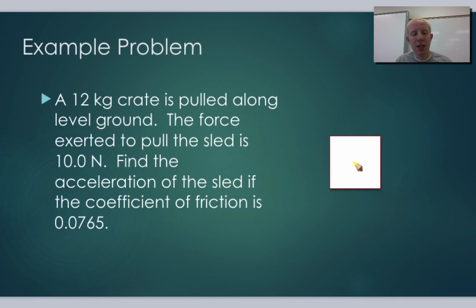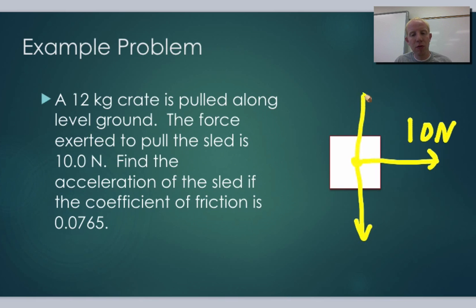So for the sled, I guess I should say crate, huh? For the crate, we have 10 newtons of force going this way, being applied. We know that we have a weight that we'll be able to calculate in just a second from 12 kilograms. The normal force will be the same, according to the problem. And then we have a friction force going this way.